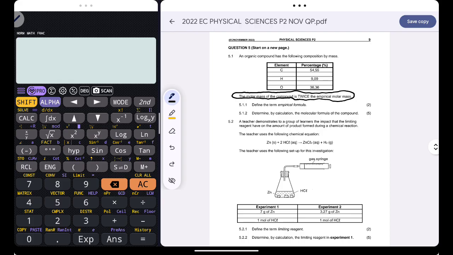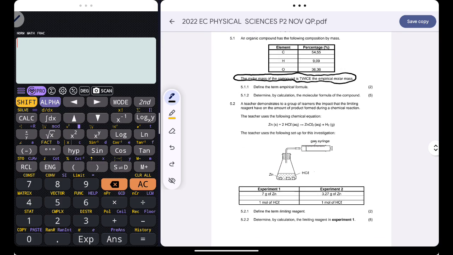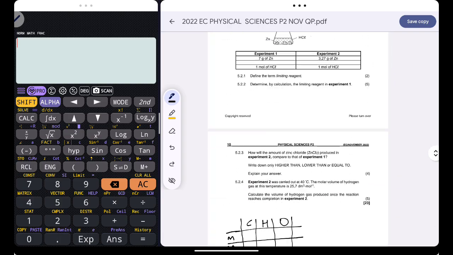If you are given a situation like this, guys, you must obviously find the empirical formula first. If you are given the content of elements as percentages, we must always change it to the mass of each element. Are you together? Which simply means that for carbon I have 54.55 grams.